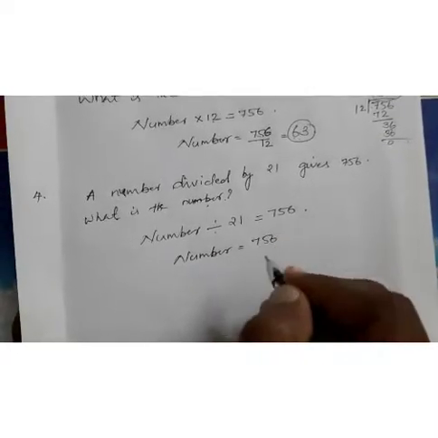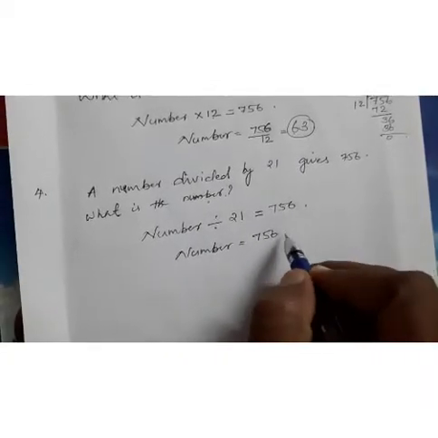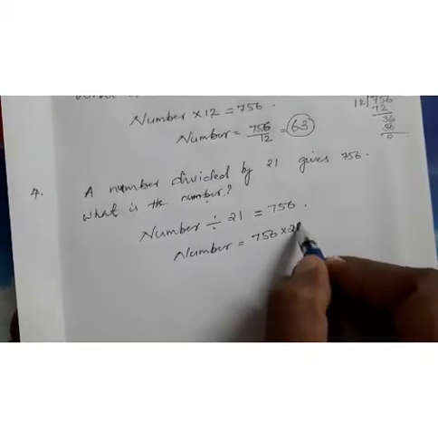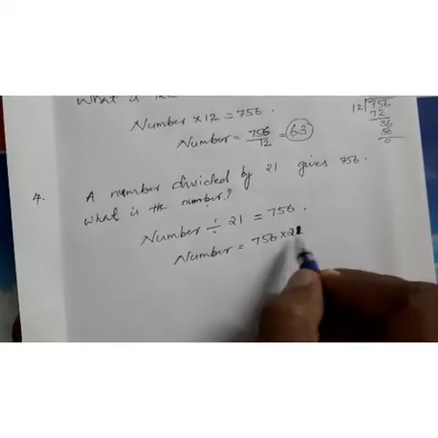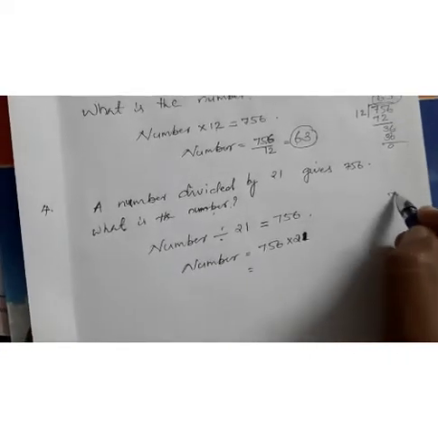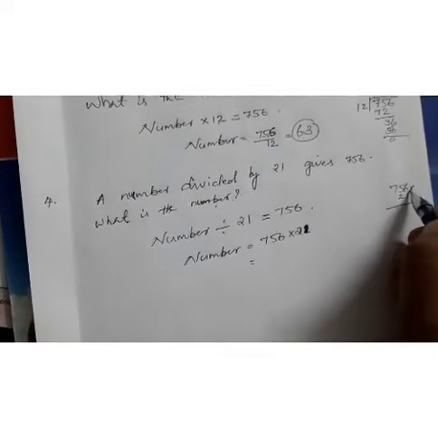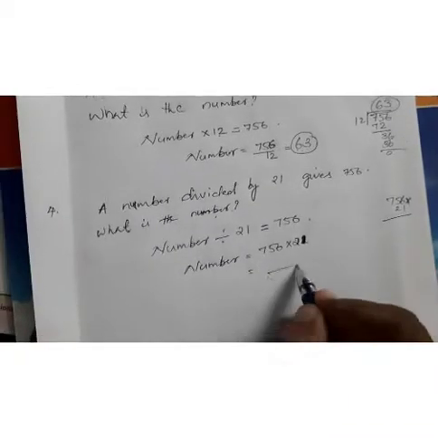So 756, here it is division. If you move it to the other side, it will be multiplication. So it is 756 into 21. 756 multiplied by 21, we will get the answer.